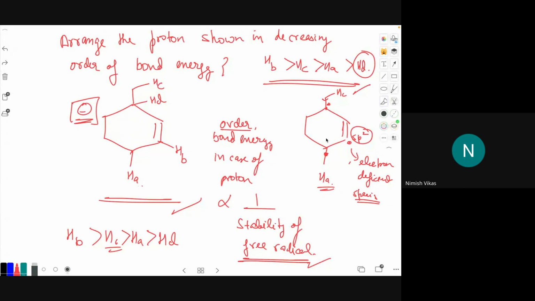What mistake were you making? Sir, I asked Akash sir and he said when it says proton you should use negative charge. So with negative charge I was getting HD and HA reversed in the order. Yes, this can be explained with negative charge too, but to get the answer, free radical is the best one. How did I tell you in class, with radical or anion? In class you said radical, so we go with radical only.